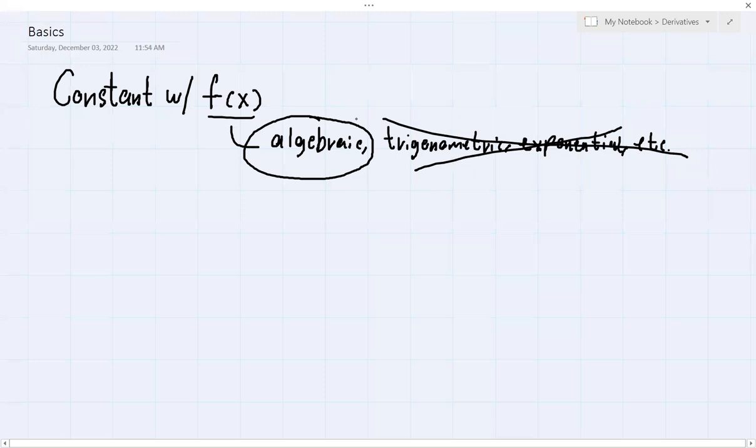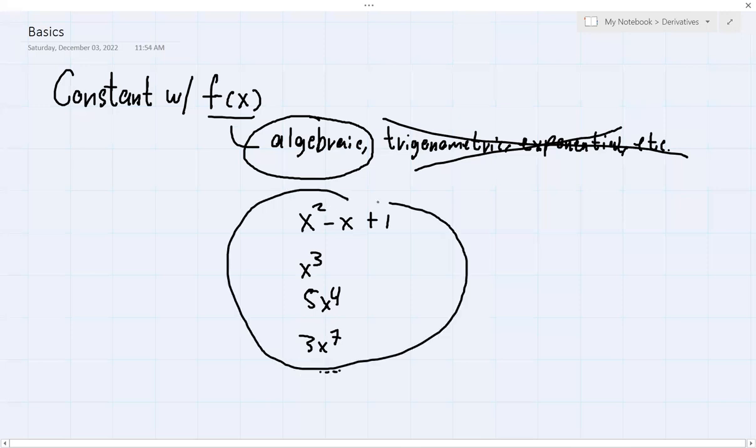So, ano yung mga functions na algebraic? Yun yung naka-polynomial. Like for example, x squared minus x plus 1, o kaya naka-monomial like x cubed, o kaya 5x raised to 4, o kaya 3x raised to 7, and so on and so forth. These are the examples of algebraic functions. Okay?